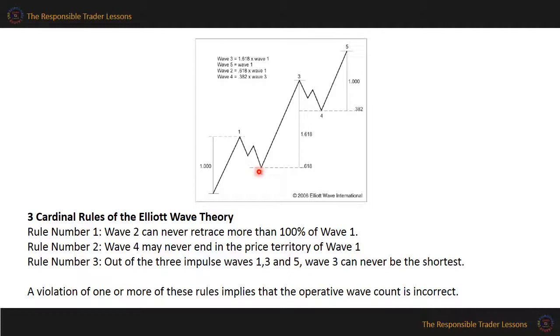Wave 4 may never end in the price territory of wave 1. And the last, rule number 3. Out of the 3 impulse waves, 1, 3, and 5, wave 3 can never be the shortest. A violation of one or more of these rules implies that the operative wave count is incorrect.